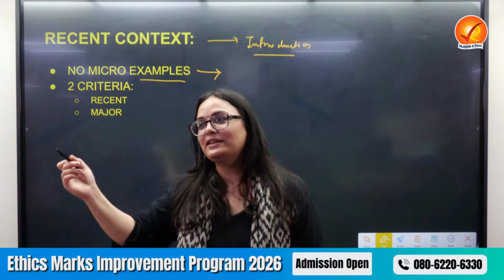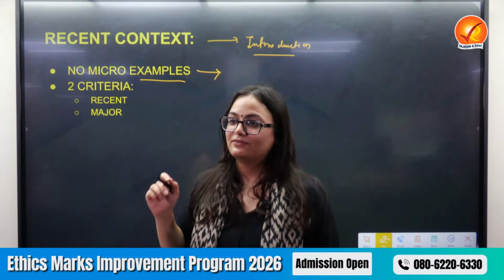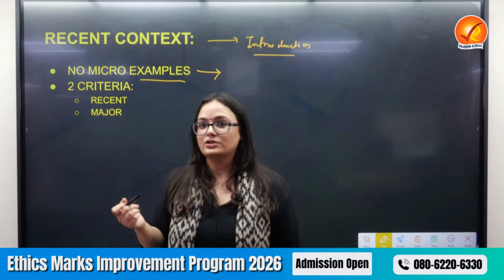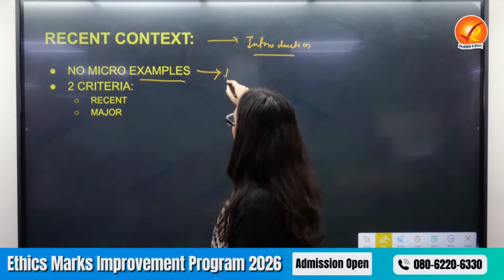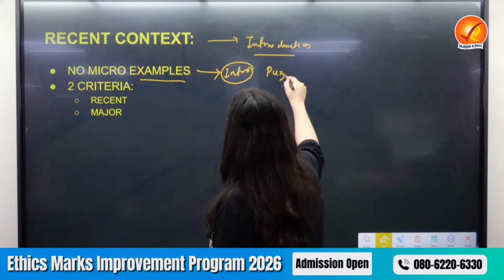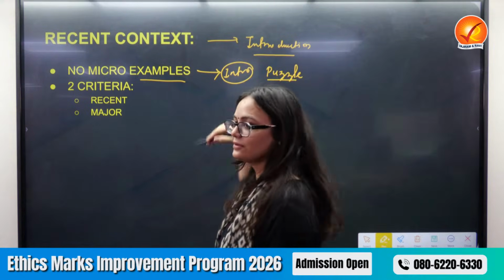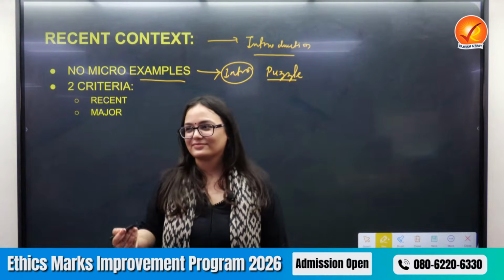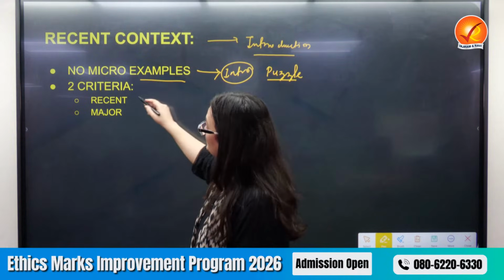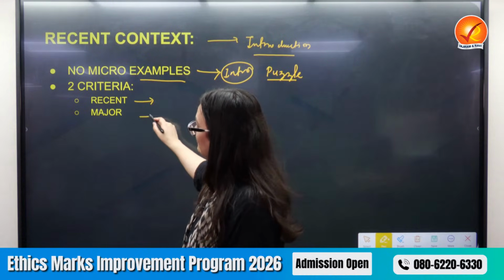But then when you write an example from that, will the examiner possibly know that? No. So writing a micro example in your introduction will puzzle the examiner as to why he is writing this here. I have no clue. So it has to be recent and it has to be major.